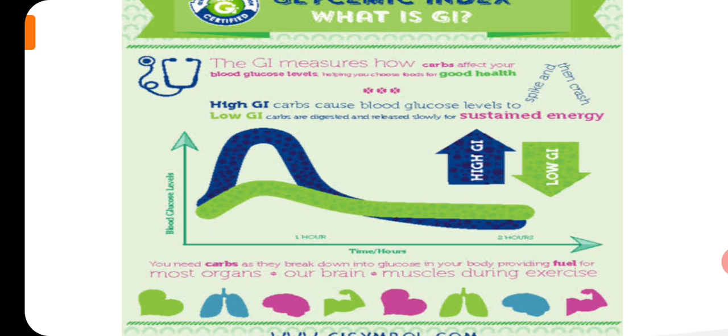A high GI value of carbohydrate causes blood glucose levels to become elevated, but with low glycemic index carbohydrates, they are digested and released slowly for sustained energy.